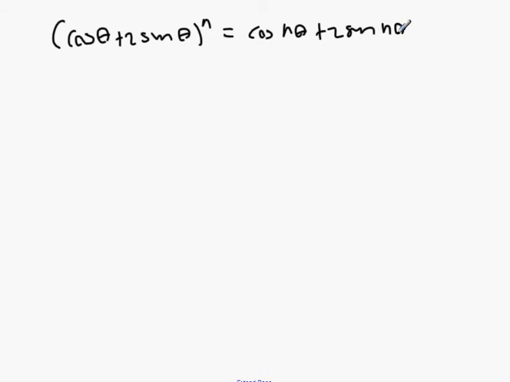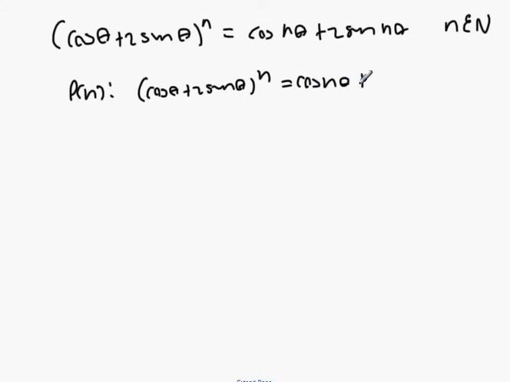What we have here, guys, is we want to prove de Moivre's theorem. De Moivre's theorem states that (cos theta + i sin theta) to the power of n equals cos n theta + i sin n theta, for all n an element of N. So what we're going to do is write down P(n): (cos theta + i sin theta) to the power of n equals cos n theta + i sin n theta.